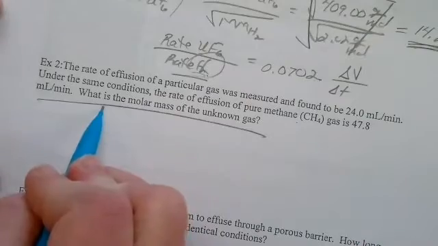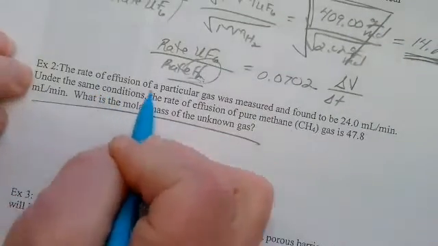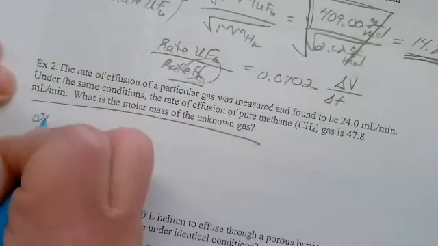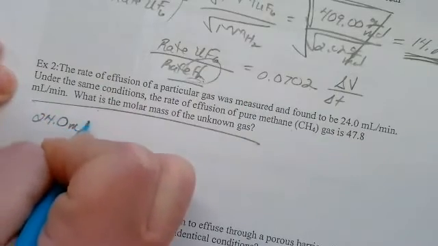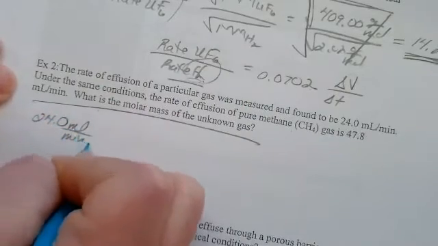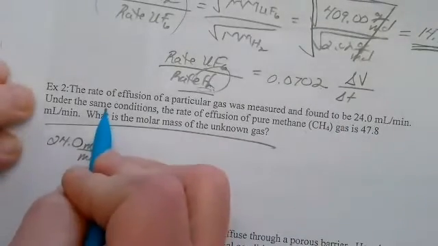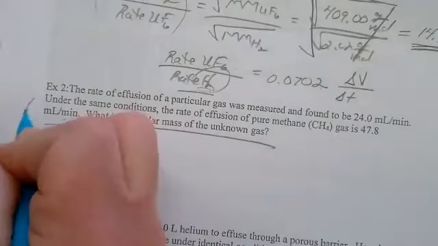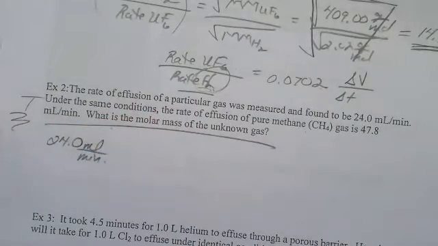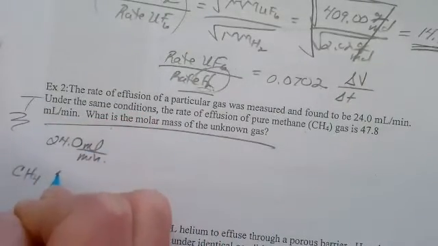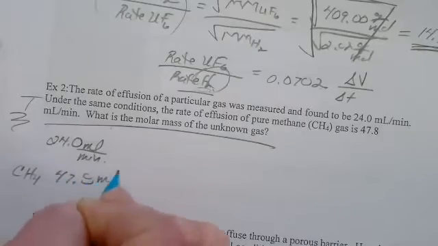All right, so this problem. If we take a look, they are talking about a particular gas. So that kind of lets me know we don't know what the gas is, and we're given the effusion rate under the same conditions. So that tells us really temperature is the same. The rate of effusion of methane is 47.8 milliliters per minute.